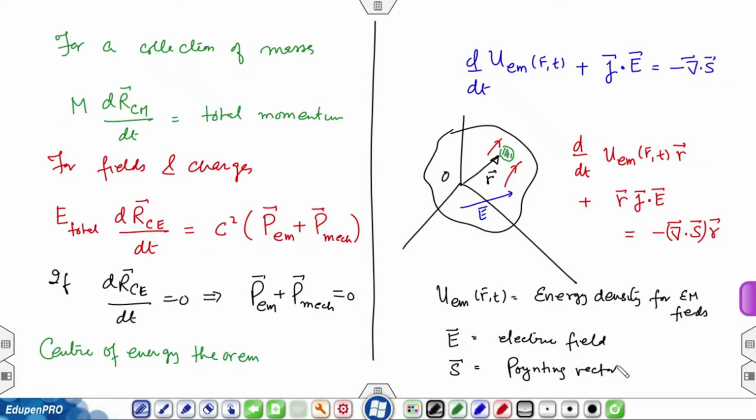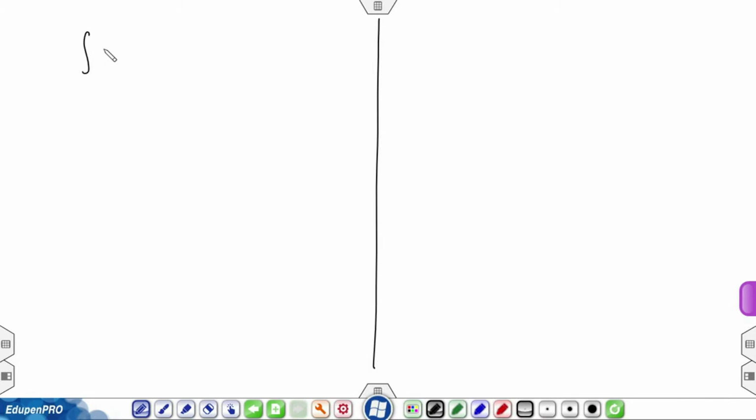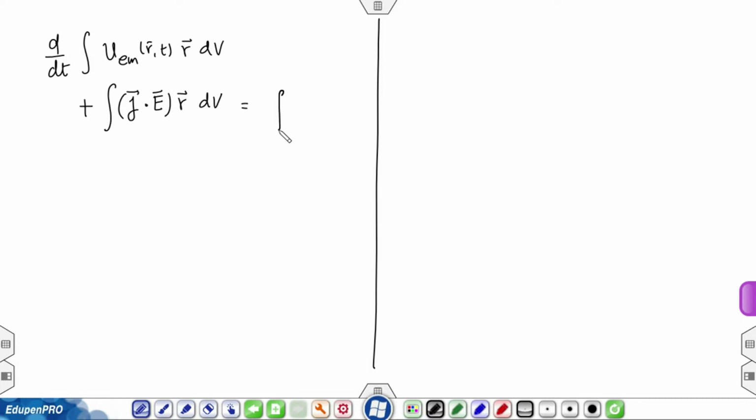And now I will integrate. So, when I integrate u_EM(r, t) r dv, the time derivative I can take out, because only u is changing with time, plus j dot E r dv integrated over is equal to integration with a minus sign divergence of S r dv. I have got 3 terms.